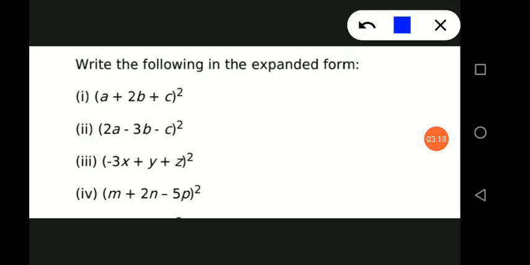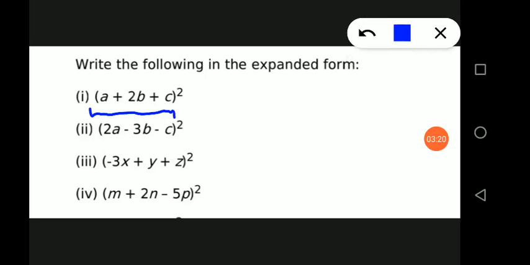Now question number 3, which says write the following in the expanded form, which means we have to expand these questions. The first is (a plus b plus c) whole square. So we have 3 variables, and with degree 2 we know that we have only one formula which we have to apply. So start applying the formula.